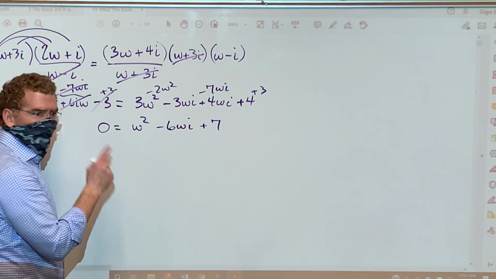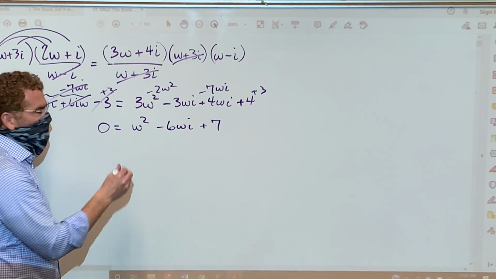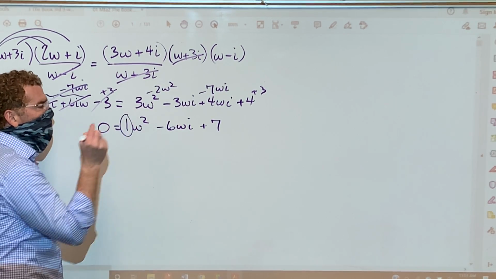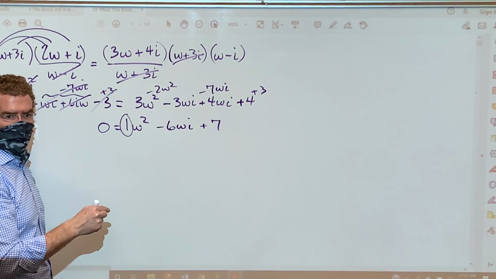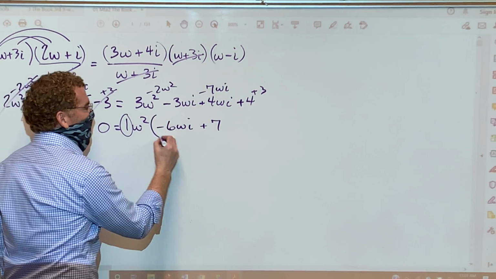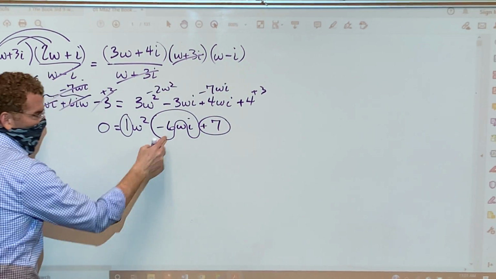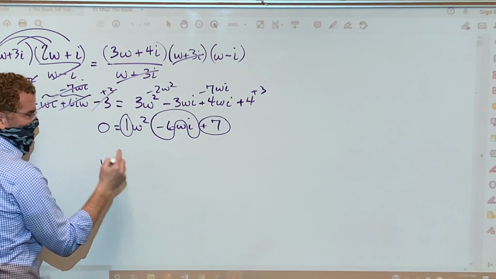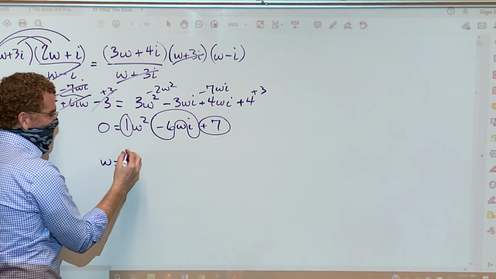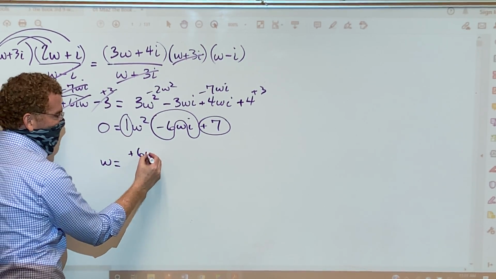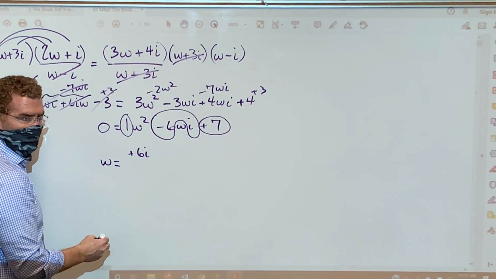What is my a value if I'm doing the quadratic formula? 1. What is my b value? Be careful. Negative 6i, right? That's my b value. And what's your c value? 7. So here we go. W is negative b. So that gives me positive 6i, right?